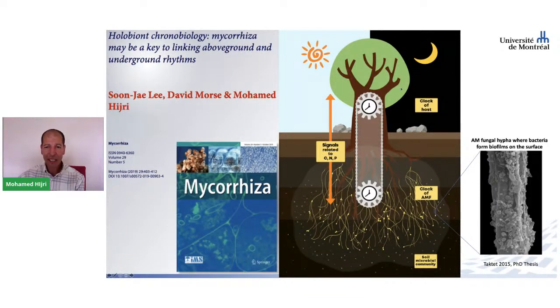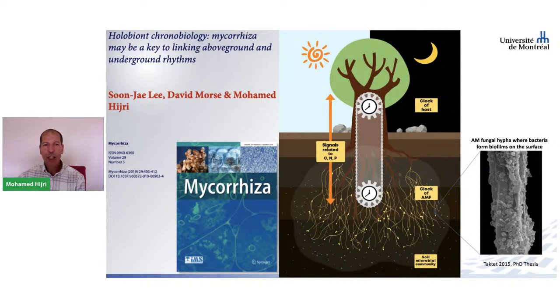We have discovered that some fungi, particularly arbuscular mycorrhizal fungi, which live entirely in soil and are almost not in contact with the above ground, have photoreceptors. They are able to sense light. And they also have a circadian rhythm that allows them to differentiate between the day and the night.